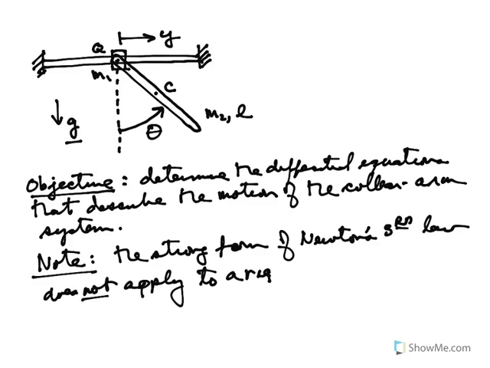It applies to a particle or a system of particles, but does not apply to a rigid body. Now, because of that, we have to be very careful when we draw the free body diagrams for these objects.